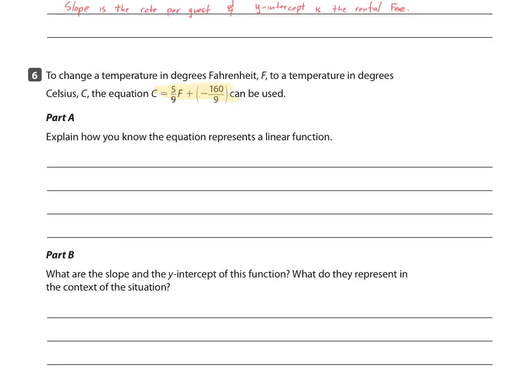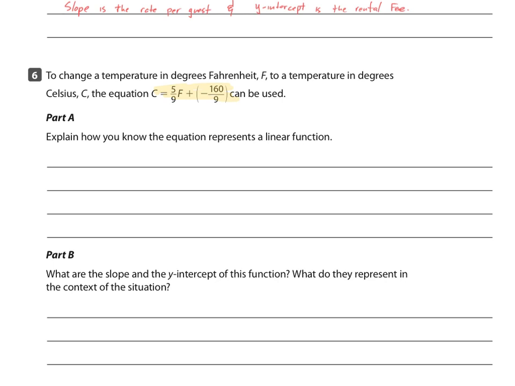To change the temperature in Fahrenheit to a temperature in degrees Celsius, the equation C equals 5/9 plus negative 160 over 9 can be used. Now, this is something that you are going to use when you go to chemistry class. That is actually the equation.